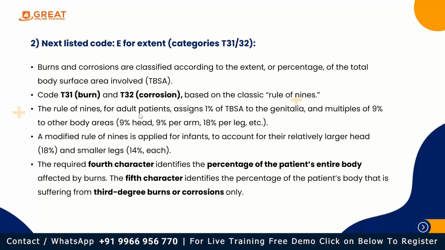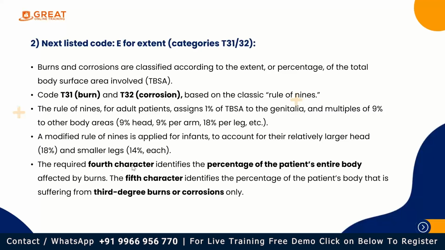The rule of 9 for an adult patient assigns 1% of TBSA to the genitalia, and multiples of 9% to other body areas: 9% head, 9% per arm and 18% per leg, etc. That we already saw. The modified rule of 9 is applied for infants to account for their relatively larger head, which is 18%, and smaller legs, which are 14% each.